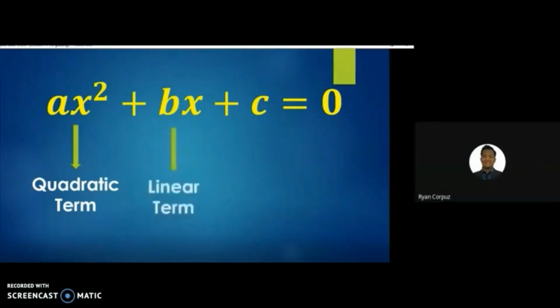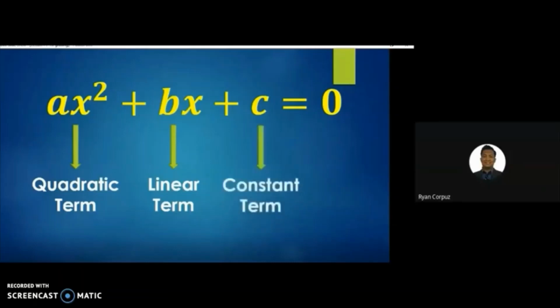Then the second term, we call that the linear term. You have discussed linear equations before. When we say linear equation, the highest exponent of it is equal to 1. In this given equation, it only involves one variable. So in the second term of that equation, the variable x has an exponent which is equal to 1. So we call that the linear term.